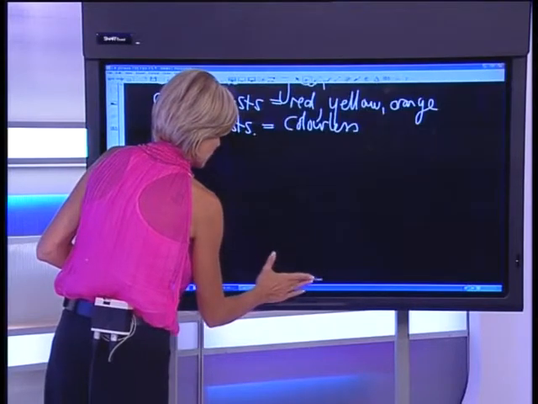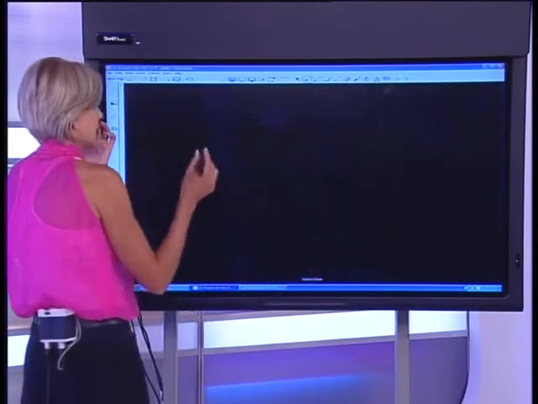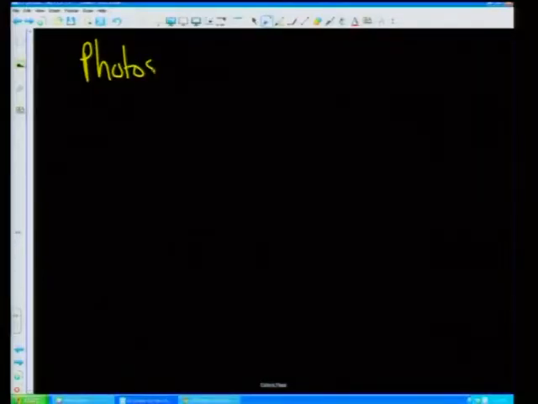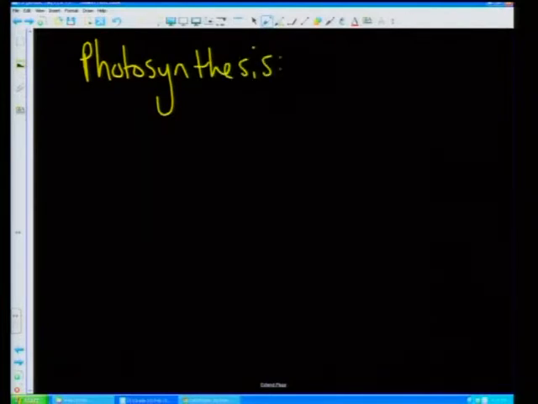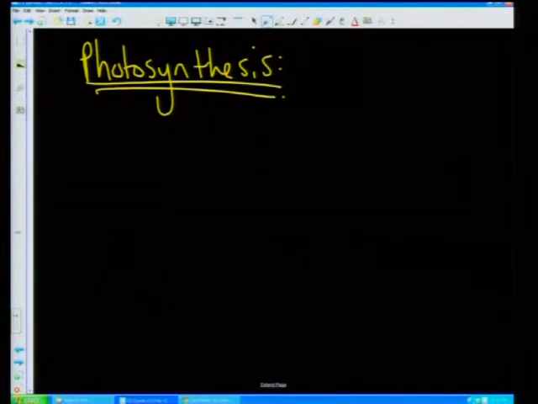Now, if we look at the process of photosynthesis, let's move this down. And you don't have to know all the detail. You do that later. But photosynthesis. Okay? And photo means light. Synthesis means to make.